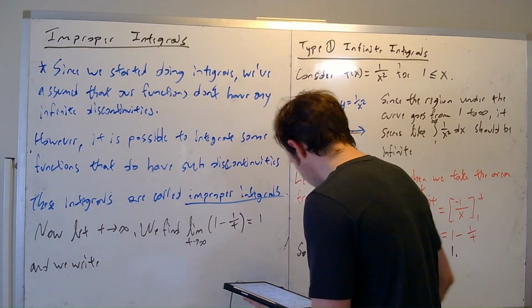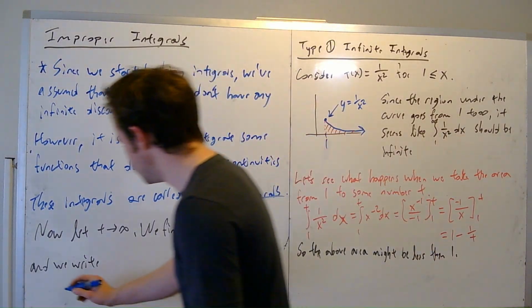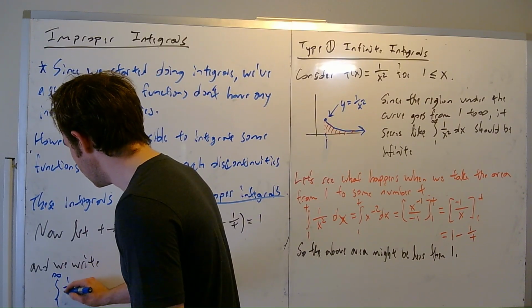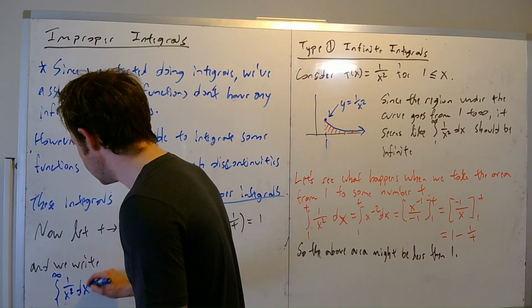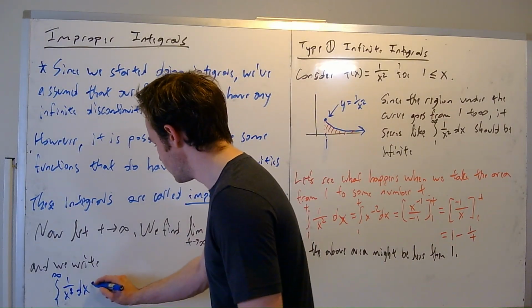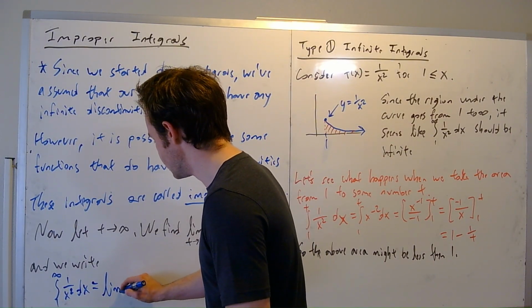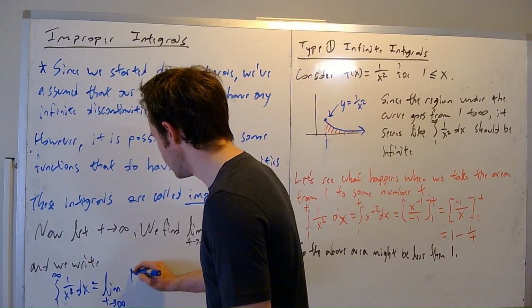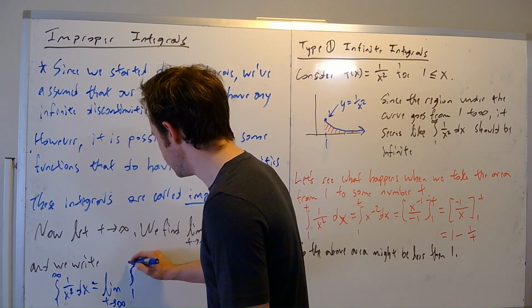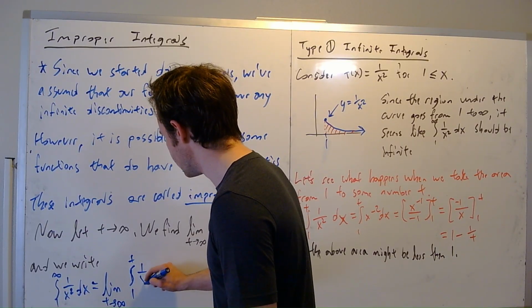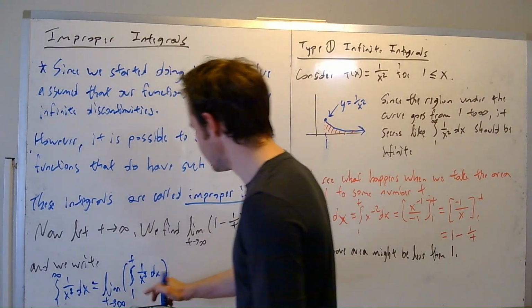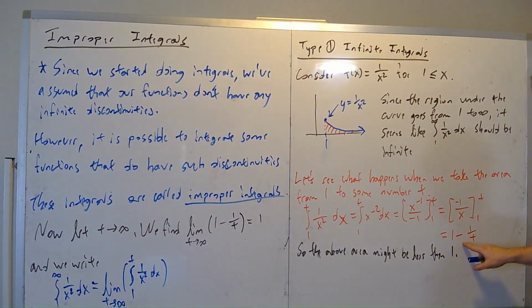So if we take our integral, so the integral we cared about was the integral from 1 to infinity of 1 over x squared dx. We can rewrite this as the limit as t goes to infinity of the integral from 1 to t of 1 over x squared dx. And we said this thing on the inside, we already calculated, that was this.